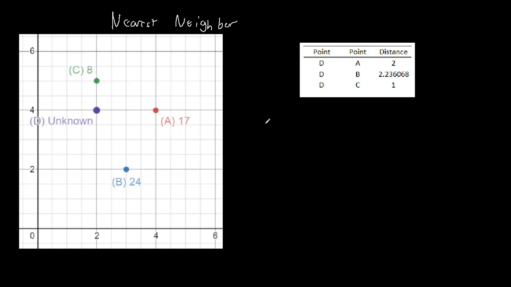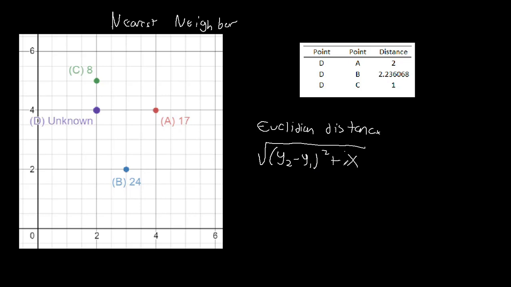So when we say distance, typically we mean Euclidean distance. Just in case you're confused, Euclidean distance is basically summed up by the following equation: y2 minus y1 squared plus x2 minus x1 squared.